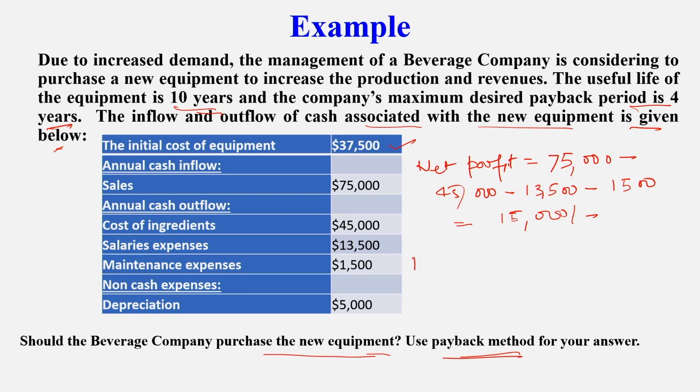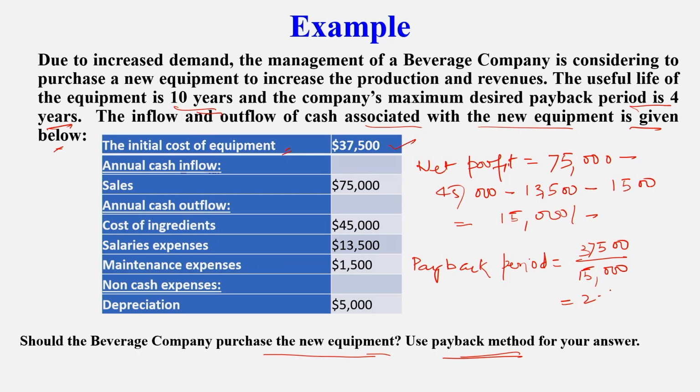Now, the payback period will be the initial investment, 37,500, divided by the net profit, 15,000.